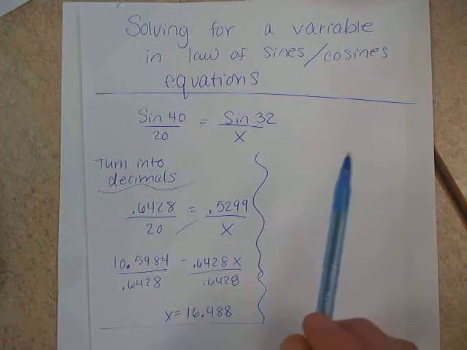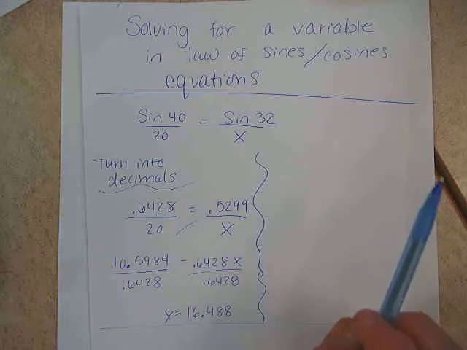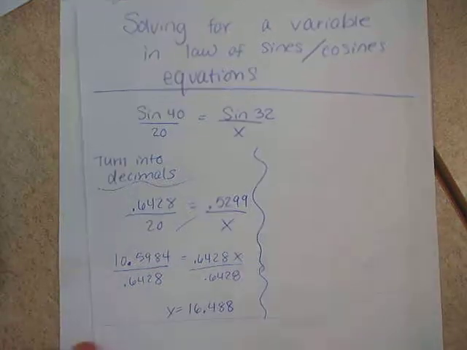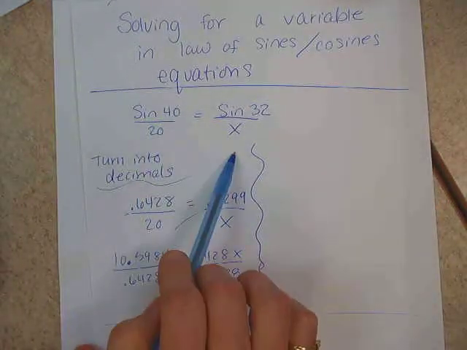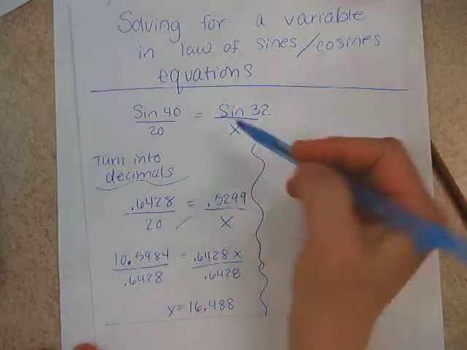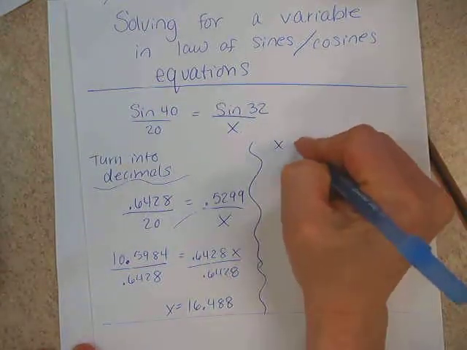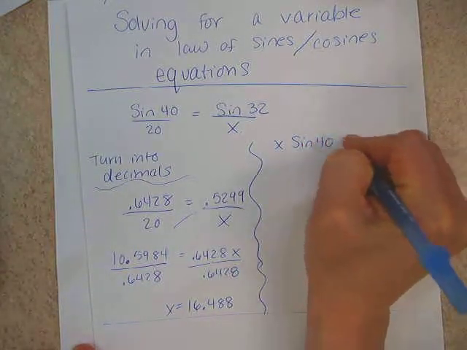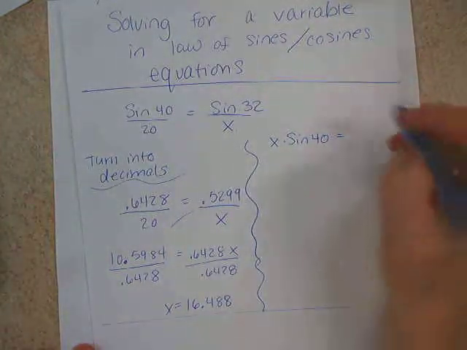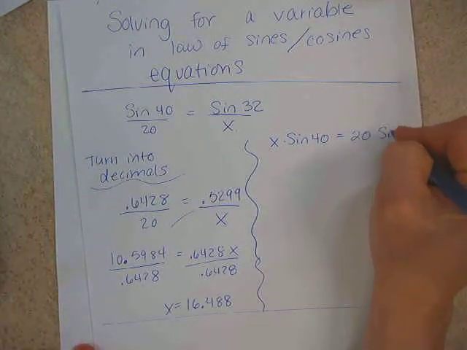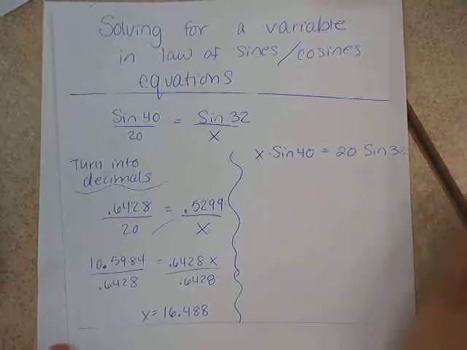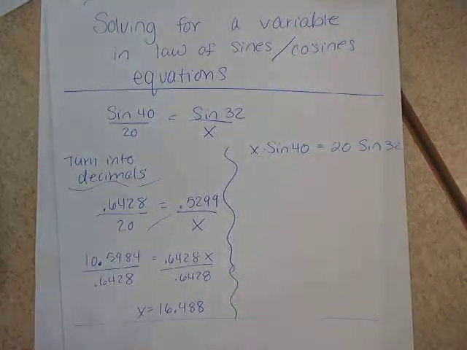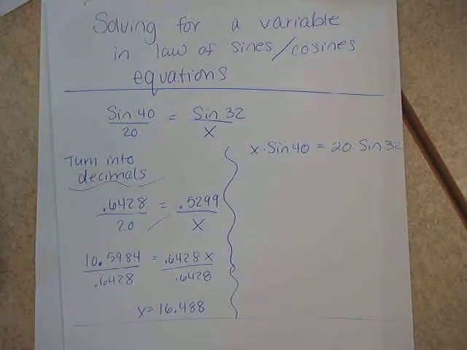The other way, if your calculator will allow you, it's better to leave this stuff unrounded as long as possible. So if I cross multiply these as is, I would have x times the sine of 40 equals 20 times the sine of 32.